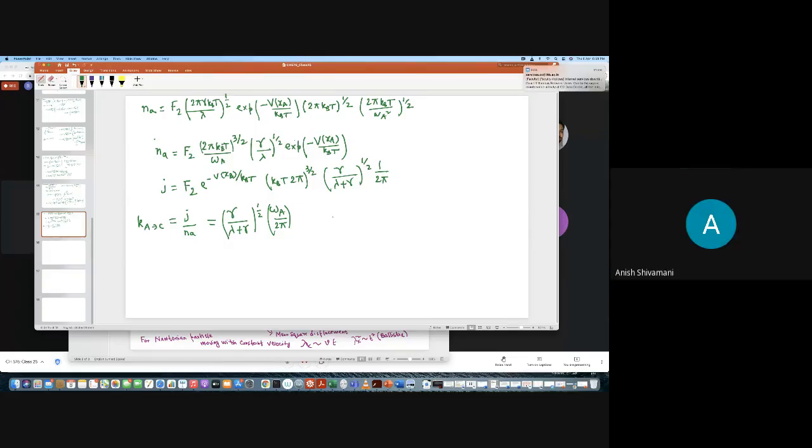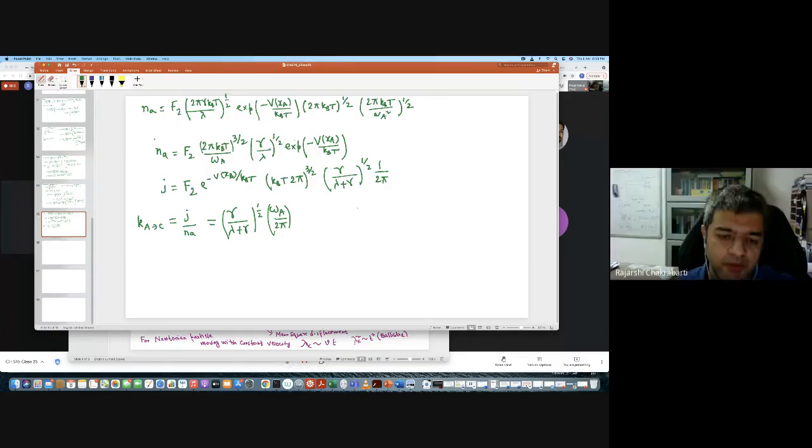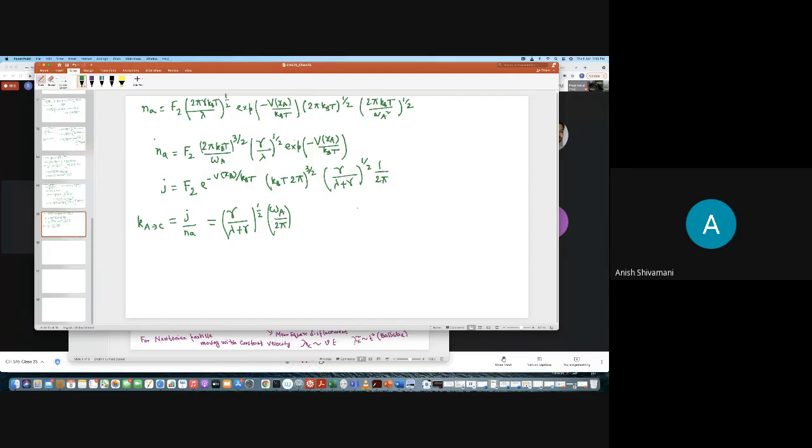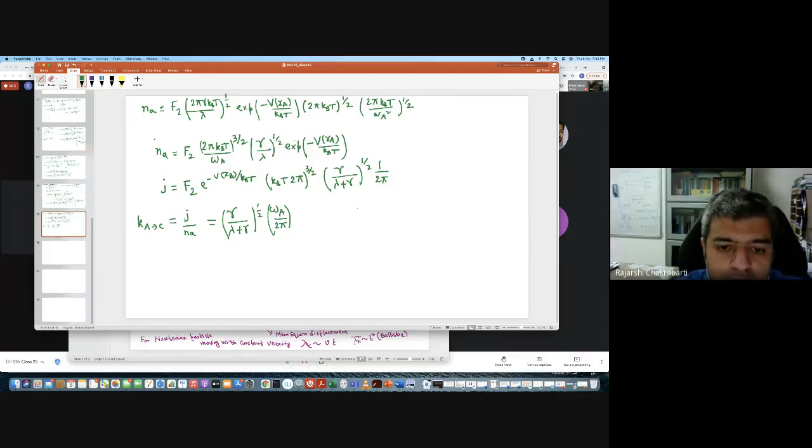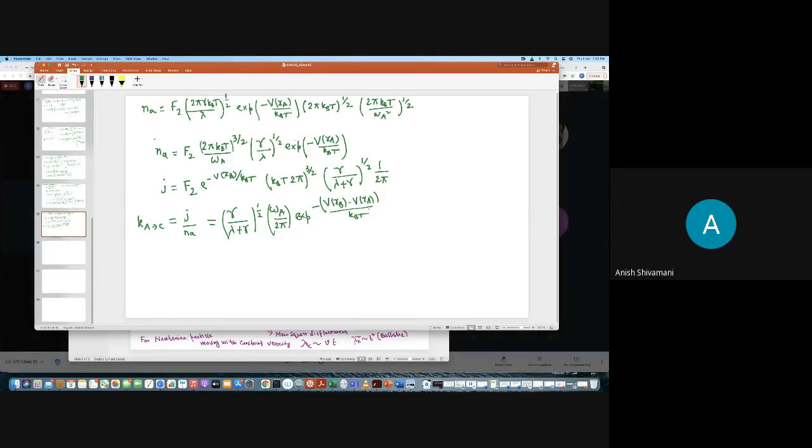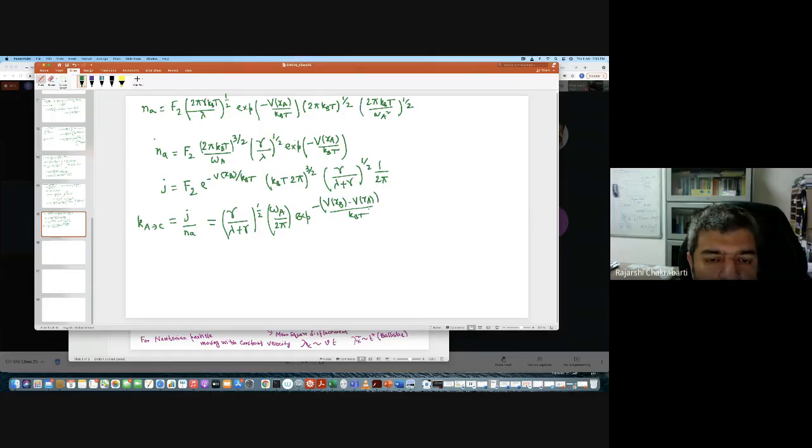So that will cancel gamma to the power half. That will become lambda by lambda plus gamma. Yes, and then, okay, let me write down the exponential factor. The exponential factor is minus V x_p minus V x_a by kBT. This expression is fine if I write down like this. Everything is cancelling. Anish? Just that gamma by lambda to the power minus half. Yes, that should be there.